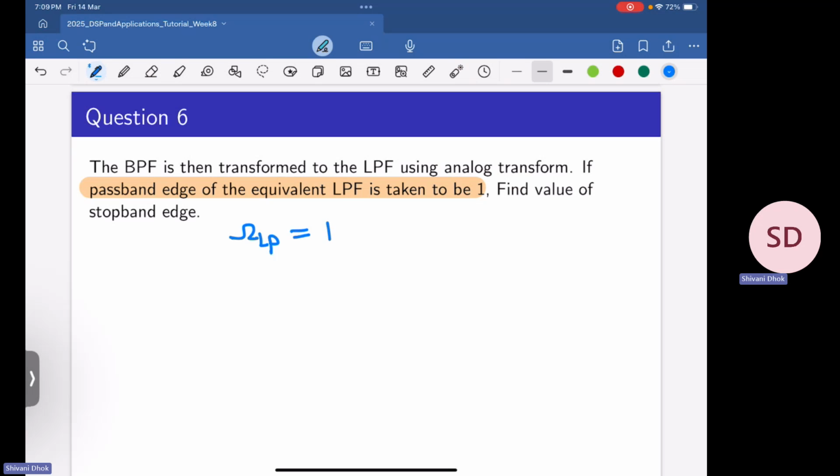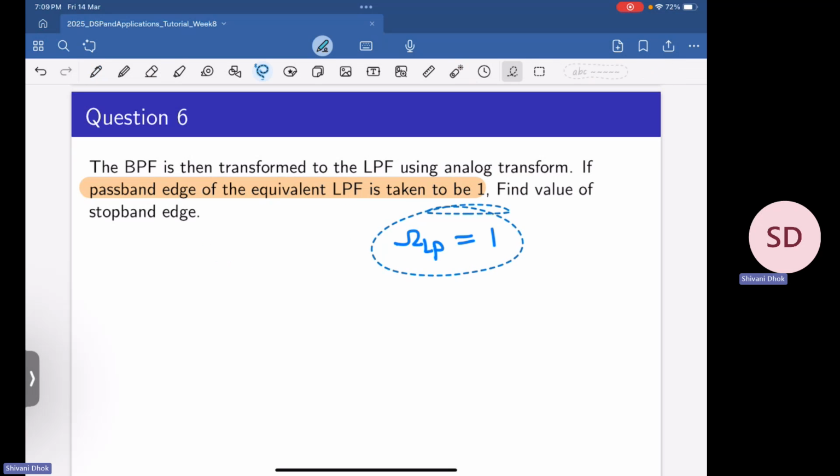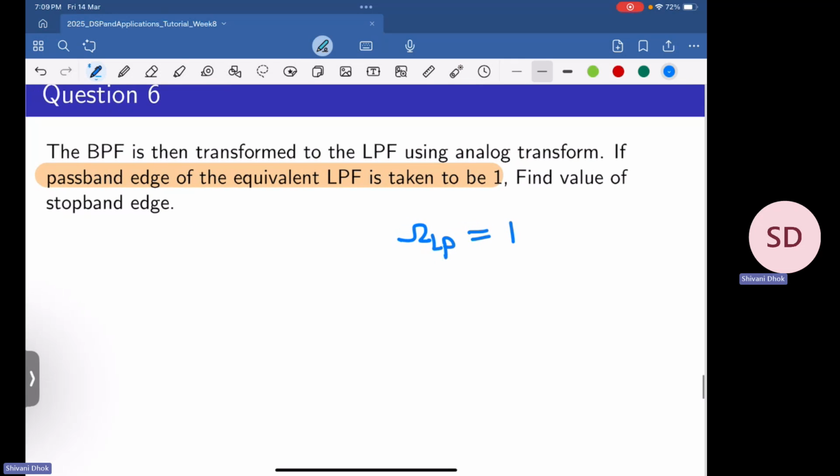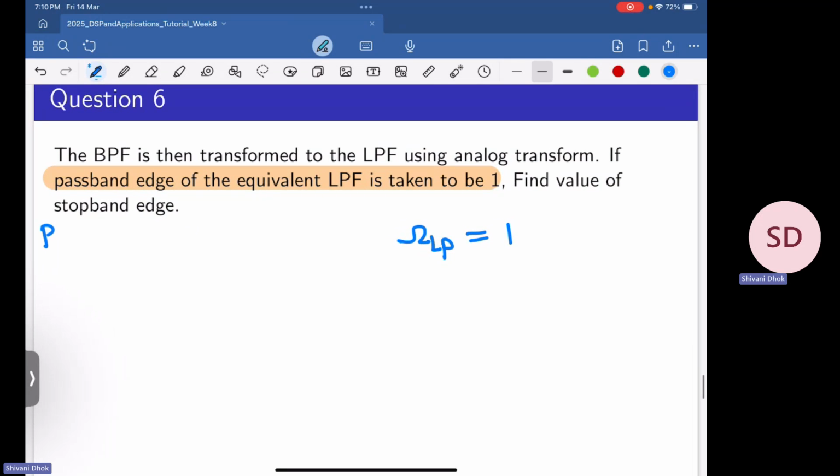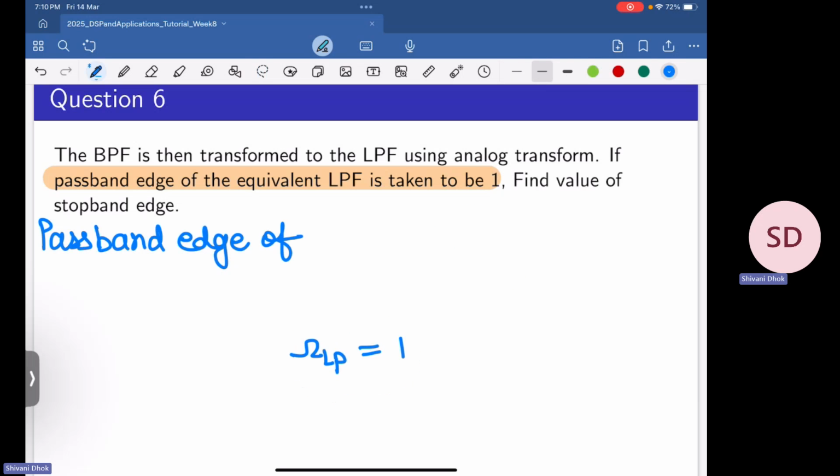What is this omega LP? This is the pass band edge of the equivalent low pass filter.